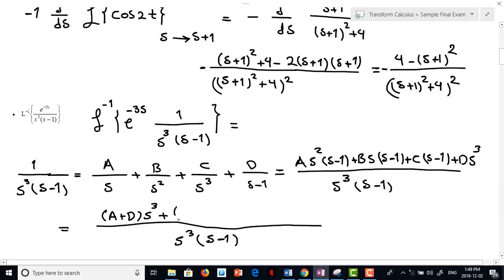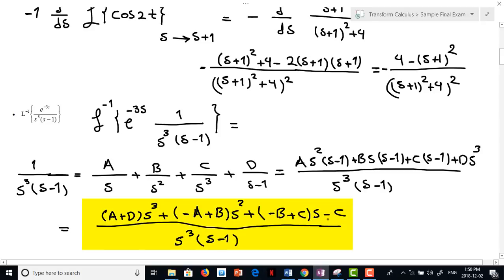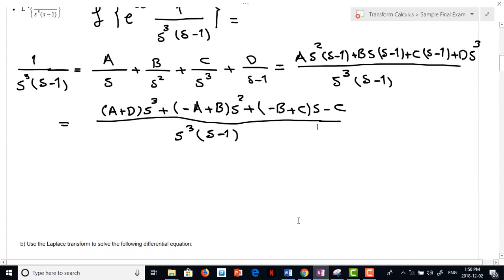If I factor s to the power of 2, we're going to have (minus a plus b) s to the power of 2. If I factor s, we're going to have (minus b plus c) times s, and we have minus c left. So the right hand side of the equation should be equal to the left hand side. Denominators are the same. As a result, the numerators should be the same.